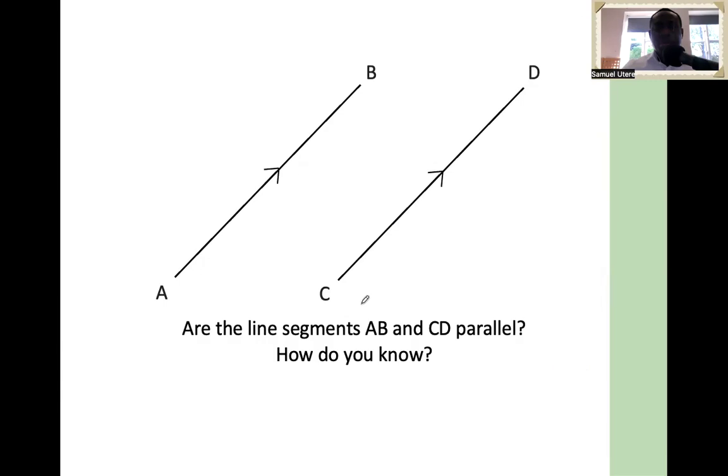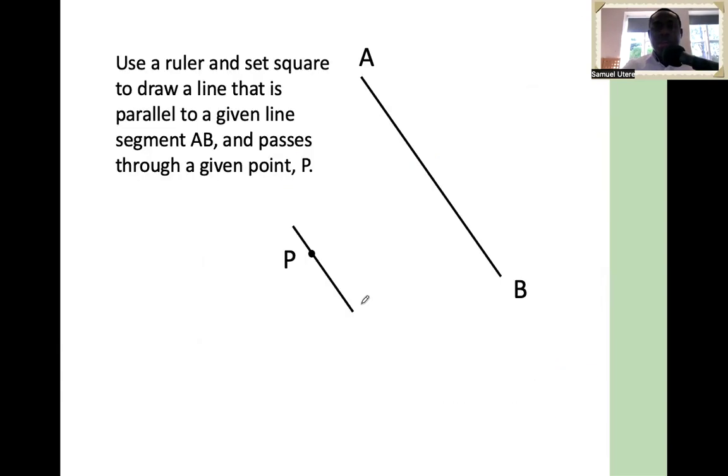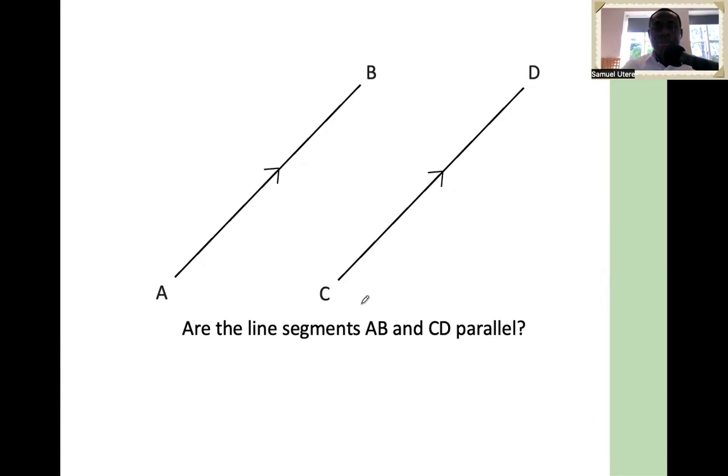Well, we know that they are parallel if we see those notations. So before those notations were included, we could not say that they are parallel. But when we see those notations, we know that those lines are parallel.